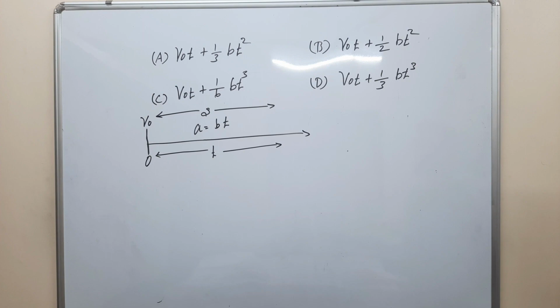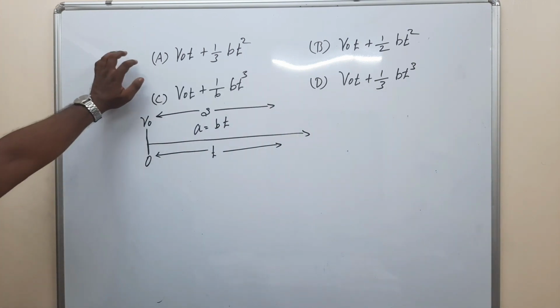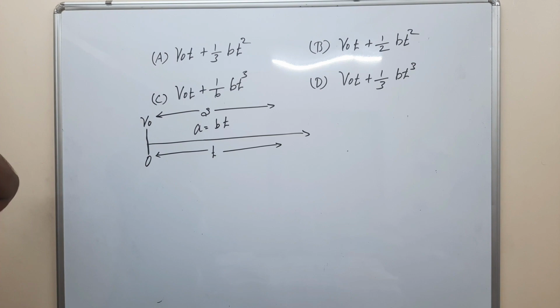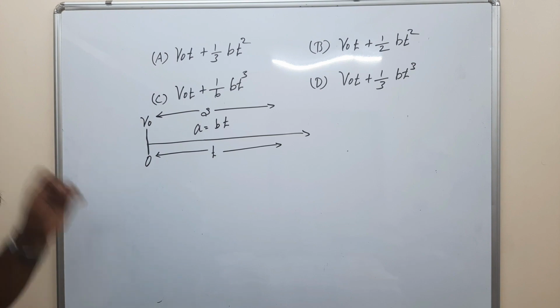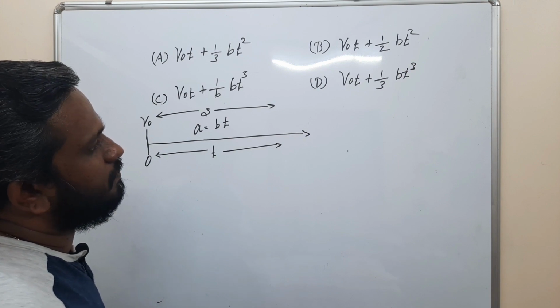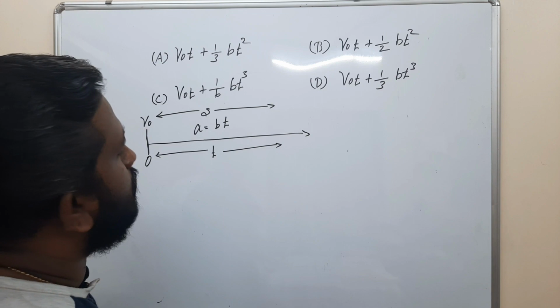These are the 4 options given. Option A, v0 t plus 1 by 3 bt square. Option B, v0 t plus half bt square. Option C, v0 t plus 1 by 6 bt cube. Option D, v0 t plus 1 by 3 bt cube.